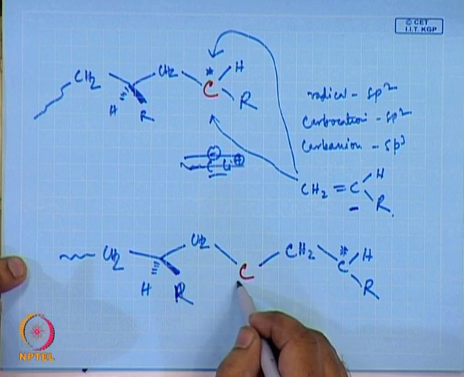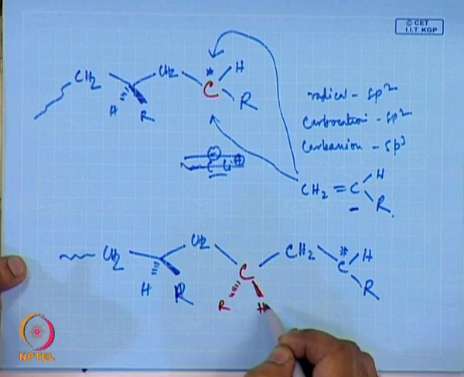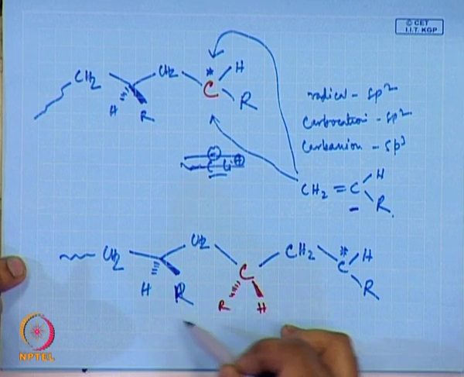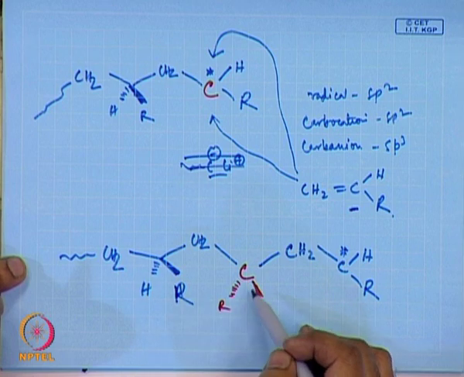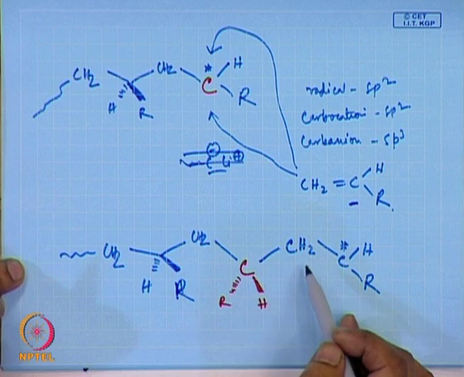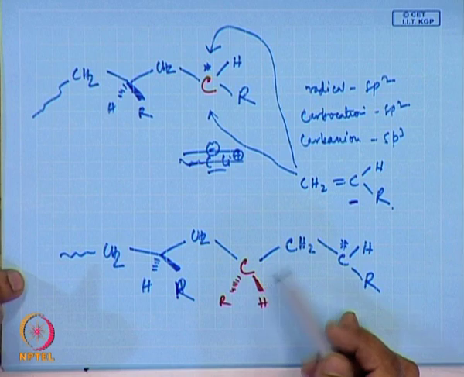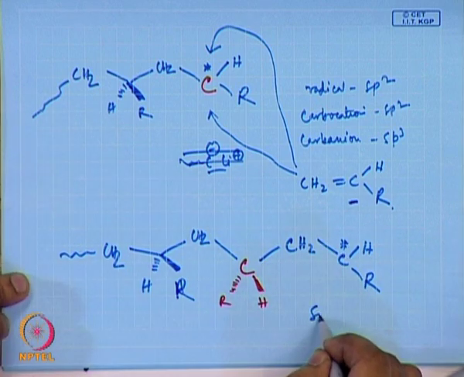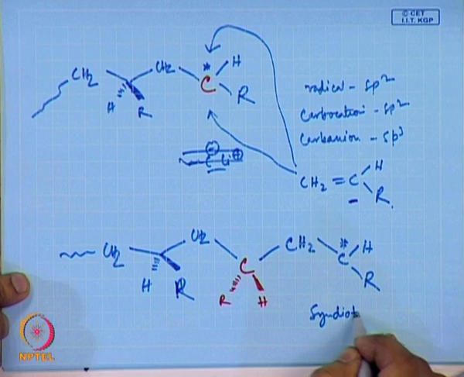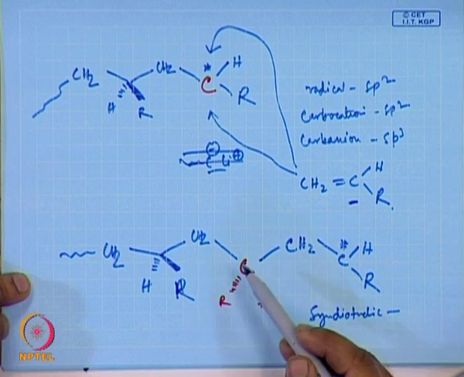So, now R will prefer to be down and hydrogen will prefer to be up to avoid the steric hindrance. Okay. So, unless there is a specific mechanism, in the normal case syndiotactic would be the preferred tacticity.